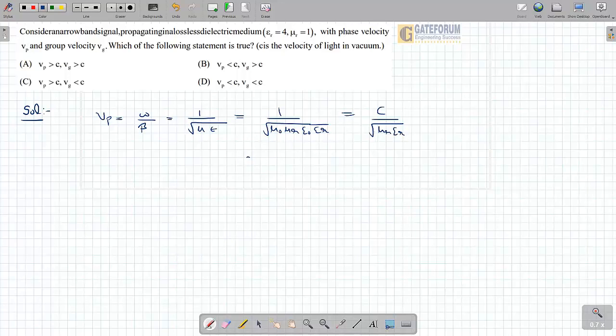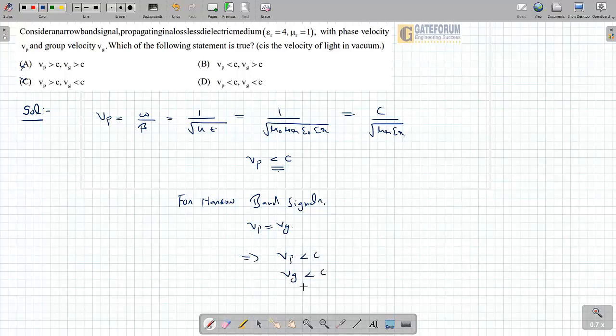And you can see clearly that Vp is going to be lesser than c. Right? So either option B or option D will be the right one. Okay. Now coming to Vg, for a narrowband signal, Vp equal to Vg. It implies Vp lesser than c, Vg is also lesser than c. Option D is the right answer. Okay. That's the end of the question from electromagnetic theory.